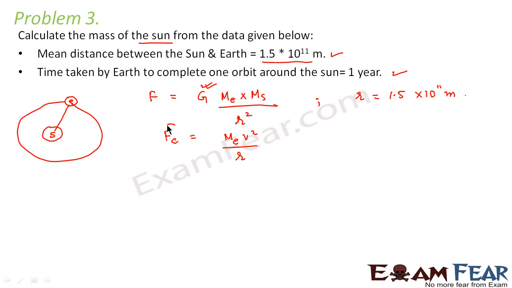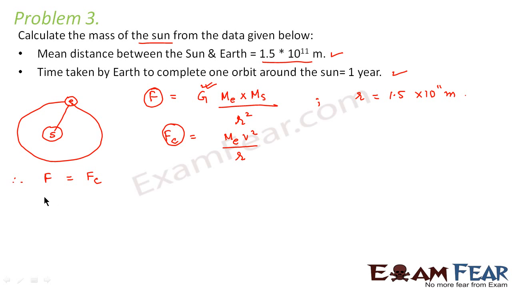Now this force should be equal to the force of gravitation, because only then the movement of the earth around the sun would be balanced, when the centripetal force which acts towards the center is balanced by the gravitational force exerted by the sun on the earth. So F should be equal to Fc.